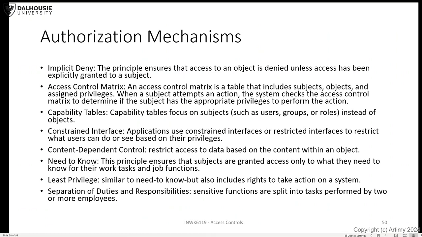Another concept in authorization is called need to know. This principle ensures that subjects are granted access only to what they need to know. I will explain this later when we talk about mandatory access controls. You have certain clearance to access files at a certain level.